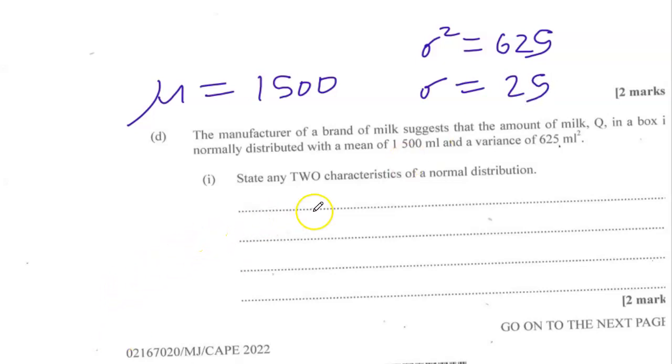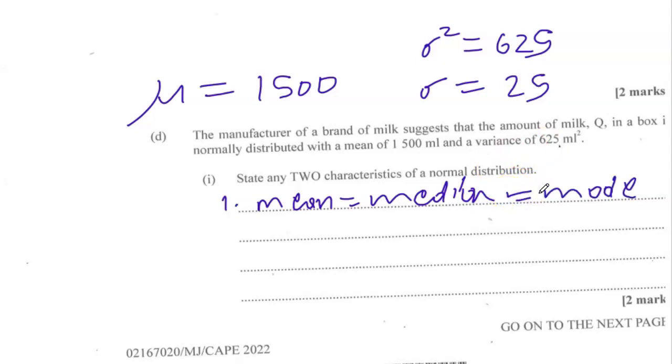State 2 characteristics of a normal distribution. One characteristic is that the mean is equal to the median and is equal to the mode. For the normal distribution, the mean, the median, and the mode are all equal.